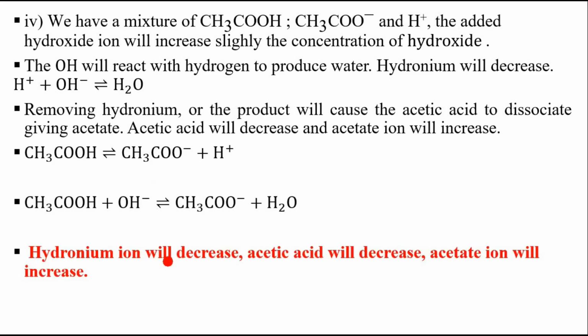Acetic acid will decrease because the reaction will move from the reactant toward the product. Then the acetate ion will increase, it will be produced. So that is what will happen when you are adding hydroxide.